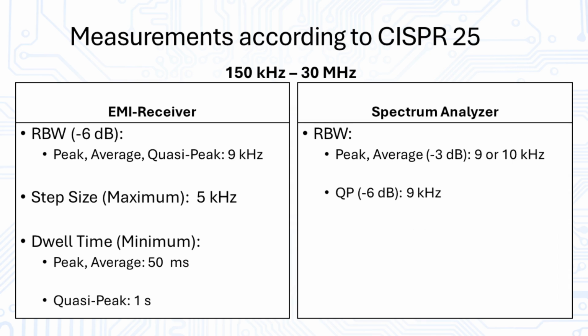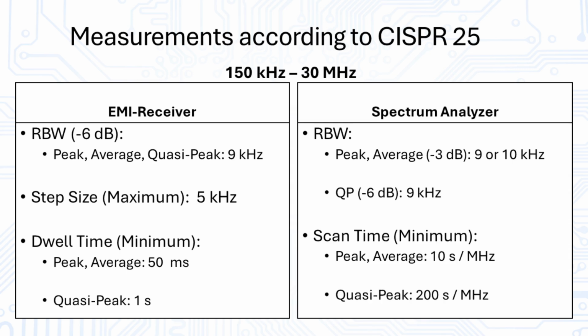As there is no dwell time in case of a spectrum analyzer, the next step is to set the minimum scan time based on the displayed frequency range. In case of the peak and average detector, we must choose at least 10 seconds per megahertz, while for the quasi-peak detector, this increases to 200 seconds per megahertz. Also, for both frequency bands, the video bandwidth must be at least 3 times the resolution bandwidth.